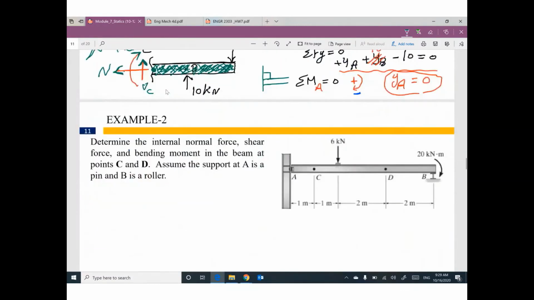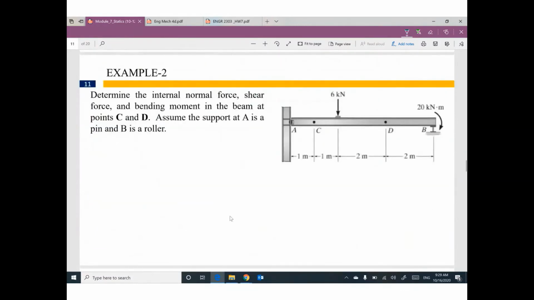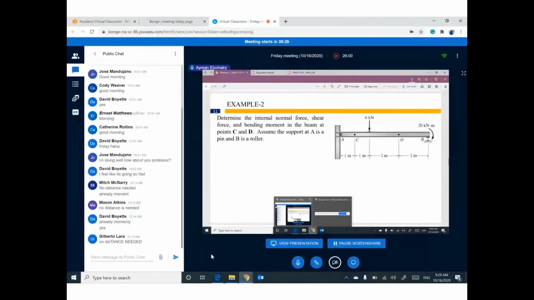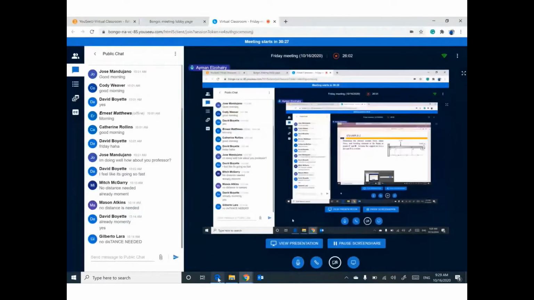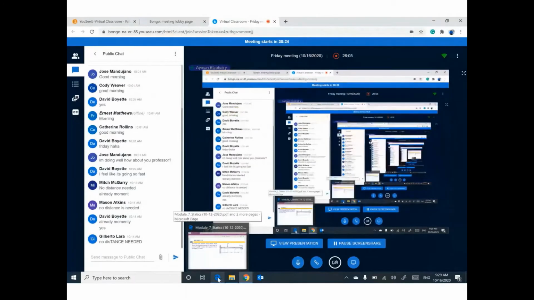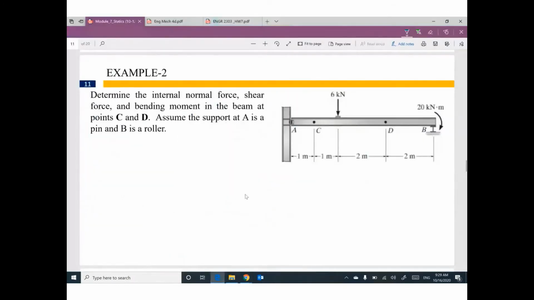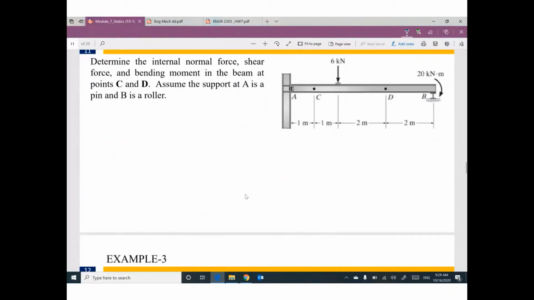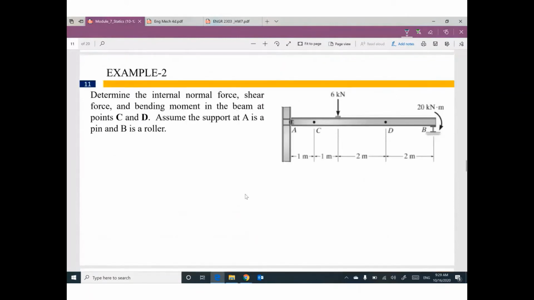One more example. Do you have any question? Okay, one more example. We have a beam. This beam is pin supported at A. So we have 2 reactions, YA and XA.